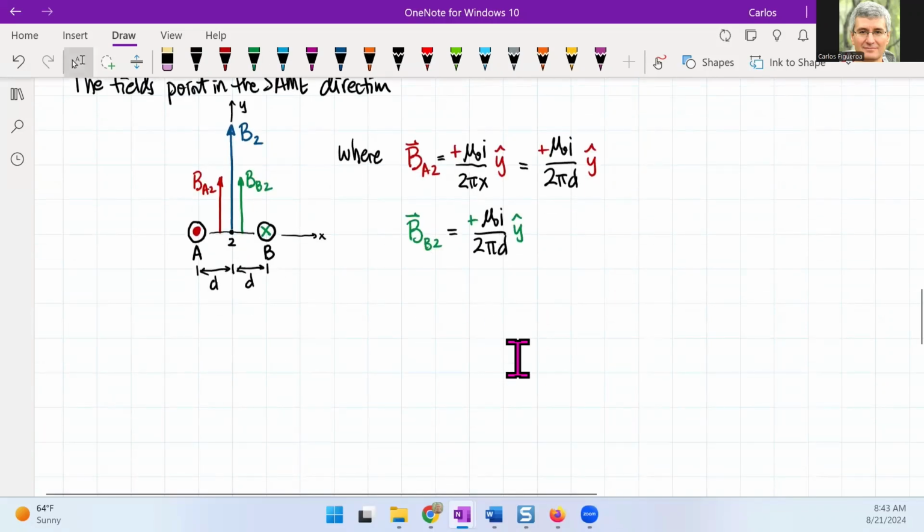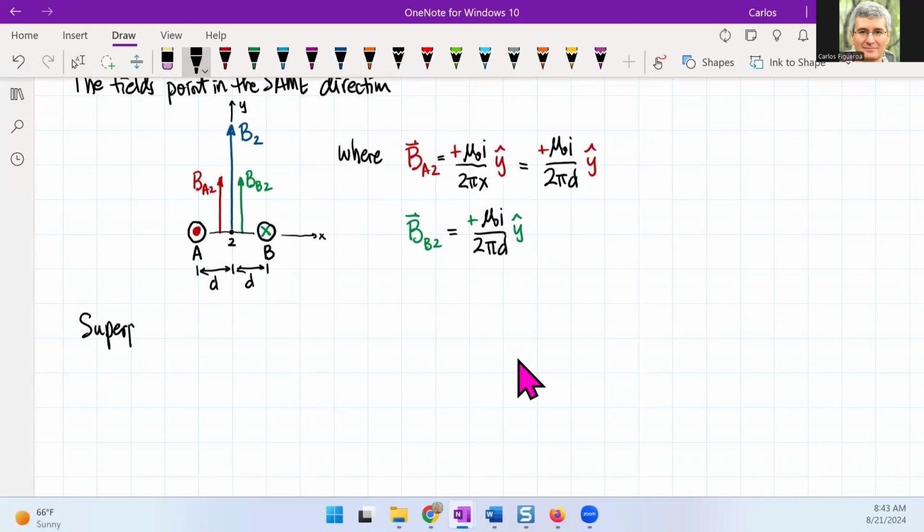So then superposition gives that B2, which will be a combination of the A contribution plus the B contribution.